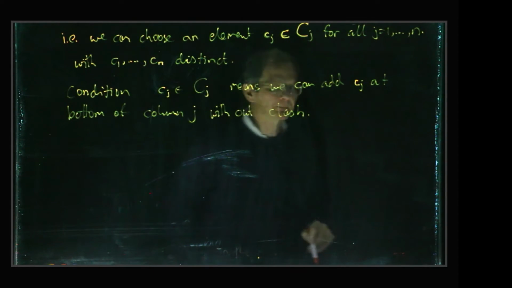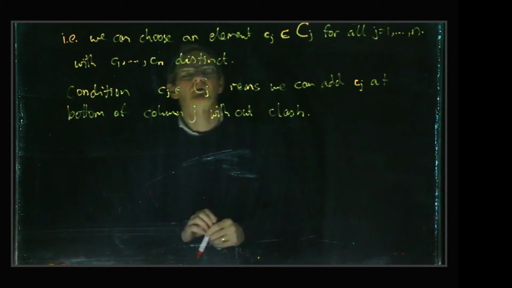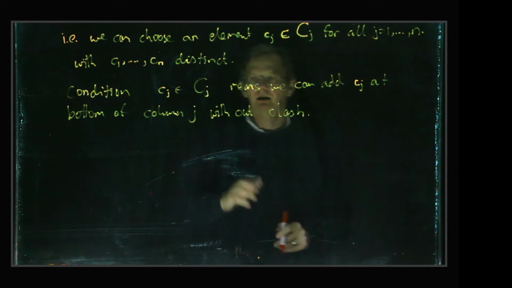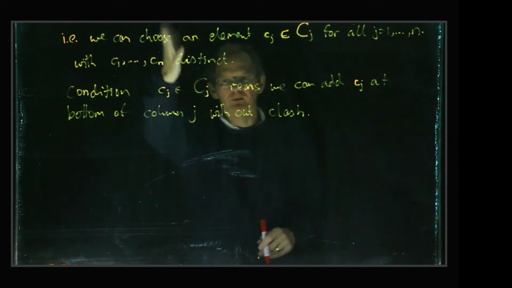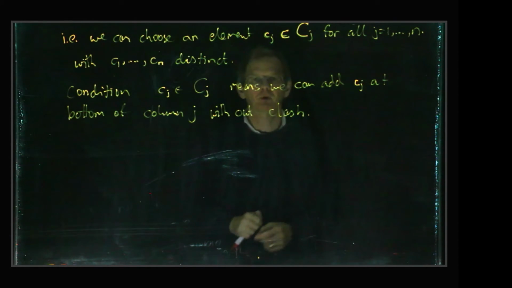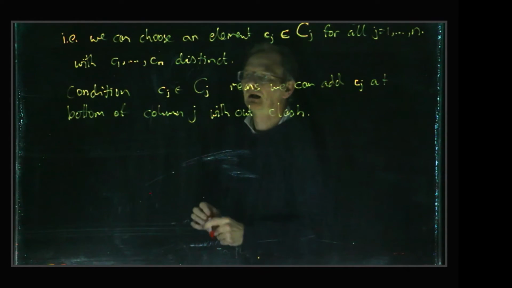Remember, capital CJ was the set of things that we're allowed to place in that box in the new row in column J. It was the full set capital N, but we removed all the things appearing above that box, which would create a clash. So this one's allowed to go there.